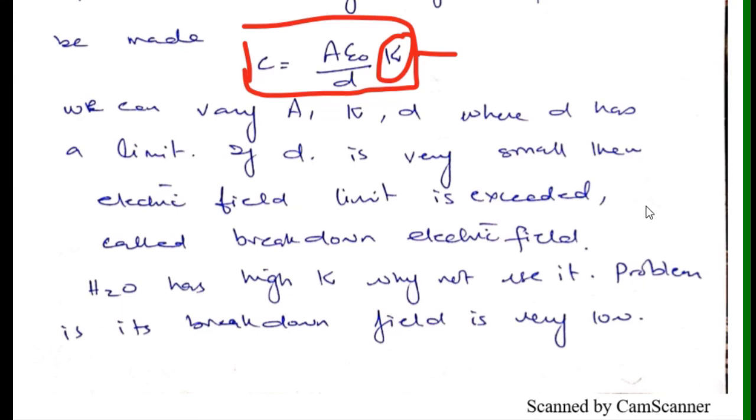So obviously at some temperature the molecules will start breaking. So we cannot use water or ice as a dielectric material. And secondly, mostly air, and then mica sheets and glass are used as dielectric materials to increase the capacitance of the capacitor.